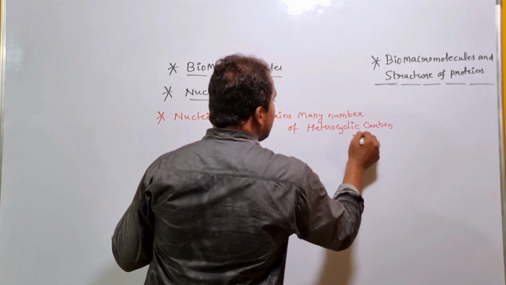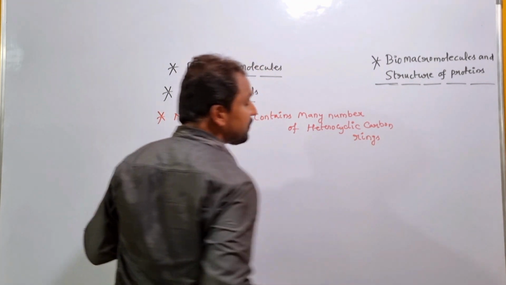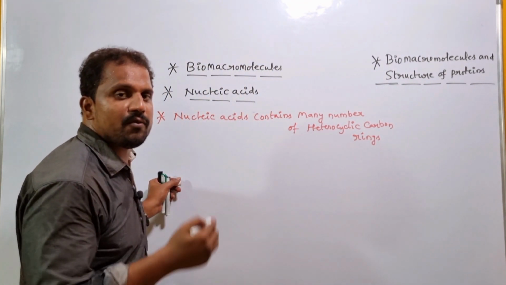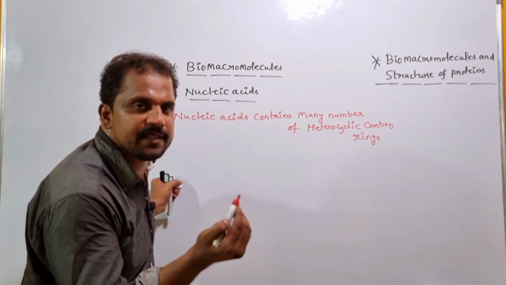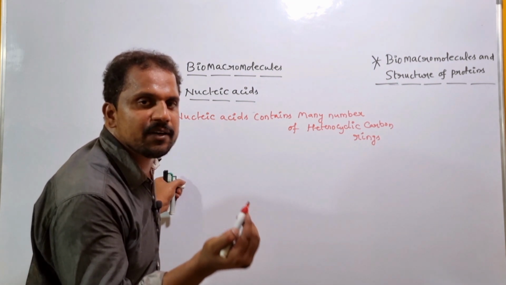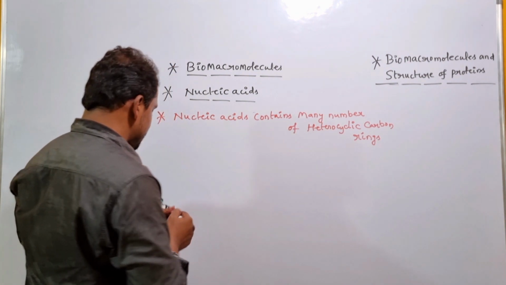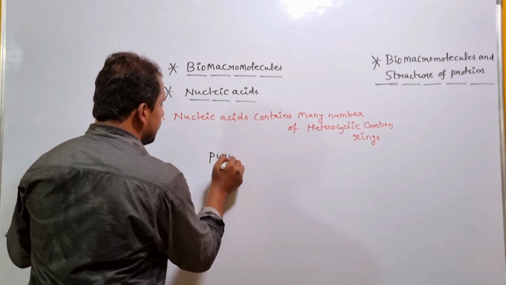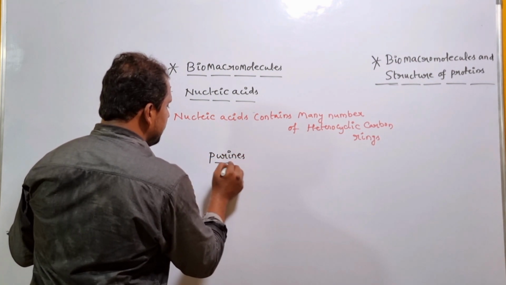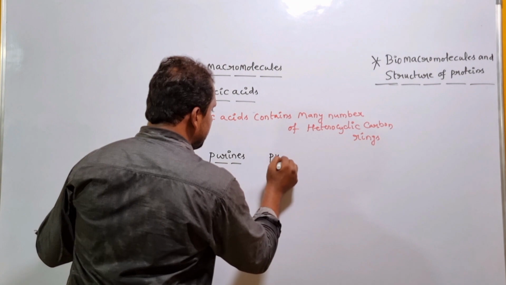So here these heterocyclic carbon rings, here they are termed as what? Nitrogenous bases. So here what are the various nitrogenous bases here? The various nitrogenous bases, they include purines and the other one is pyrimidines.